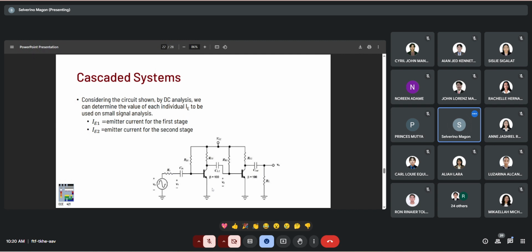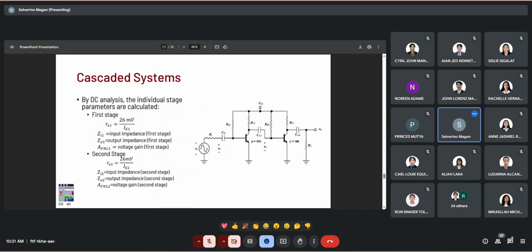So IE1 is the emitter current for the first stage. We don't have an emitter resistor. IE2 is the emitter current here. Same thing for the second stage, we don't have an emitter resistor.